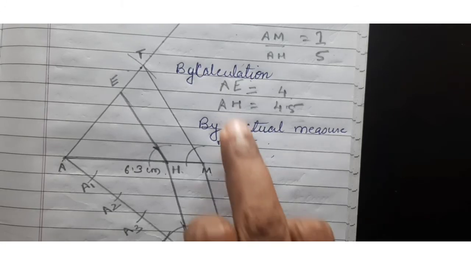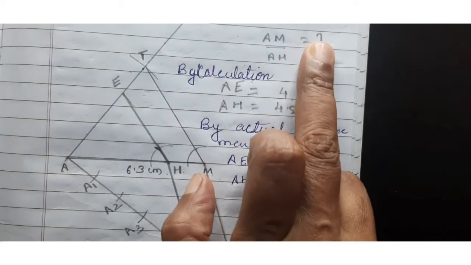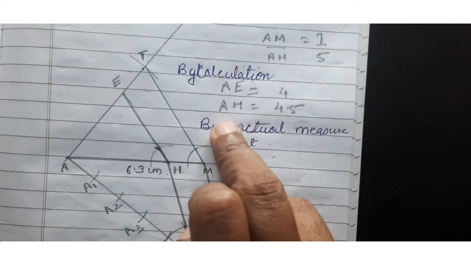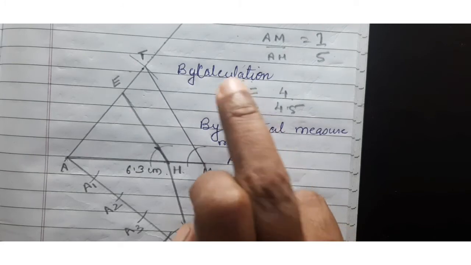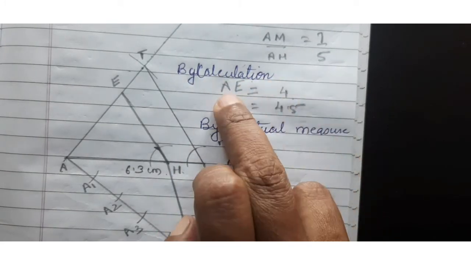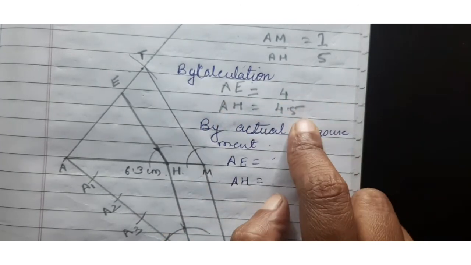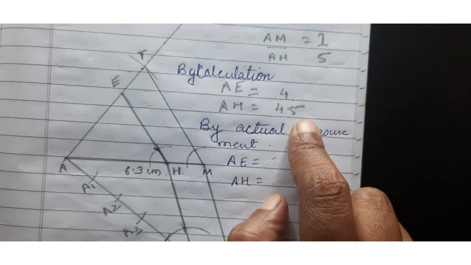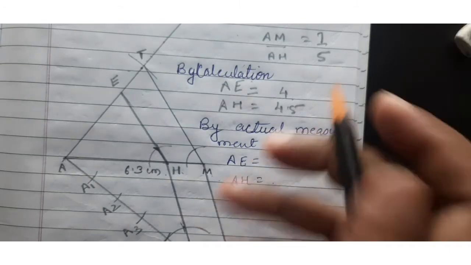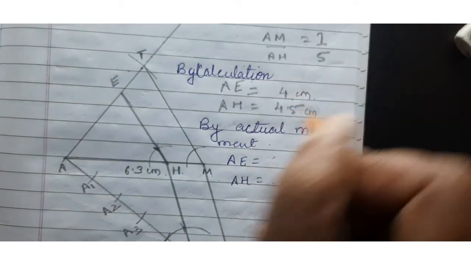Now what you have to do is measure AE and AH. AM upon AH is equal to 7 upon 5. By calculation, by cross multiplication, the measure of AE is coming as 4 and the measure of AH is coming as 4.5 centimeter. Now by actual measurement we will see.